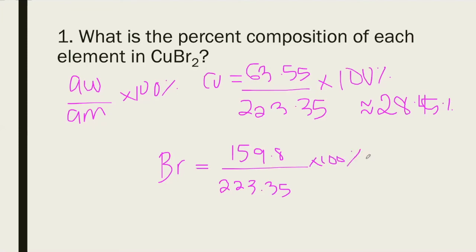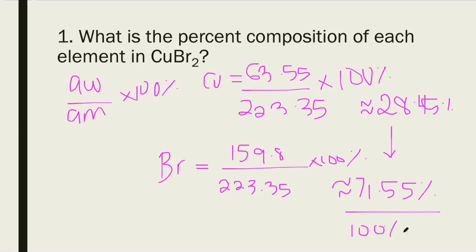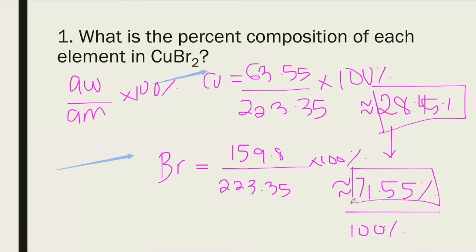That will give us 71.55%. And to check if your answer is correct, if you add these two percentages together, you will actually get 100%. So that's the answer to number 1. So the percent composition of Cu is 28.45%, and the percent composition of Br is 71.55%.